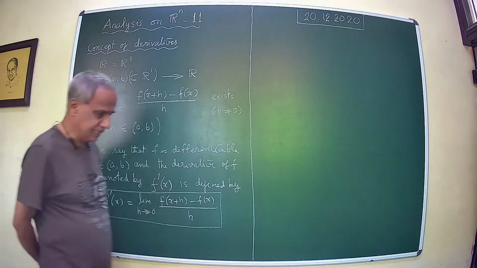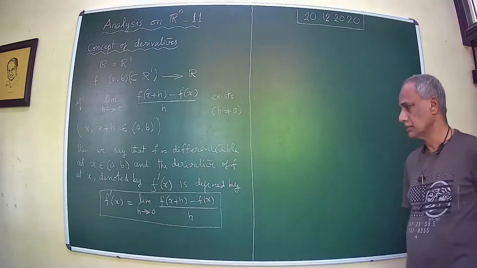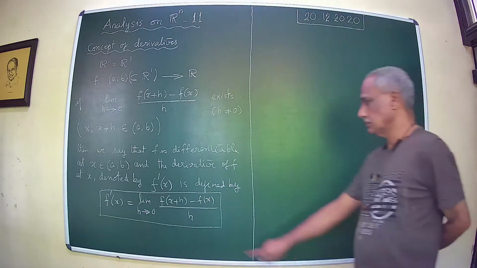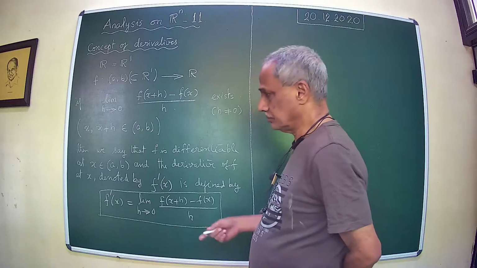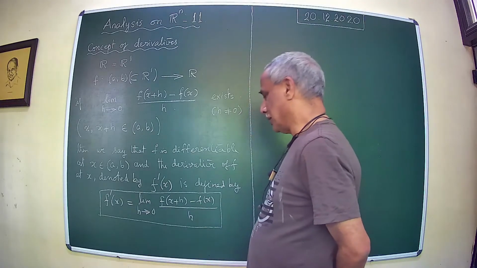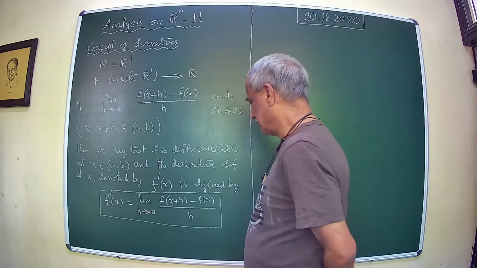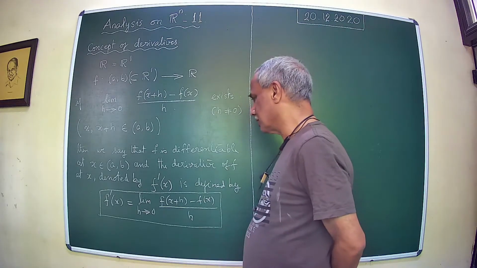There, of course, the structure of R has been heavily used, because you can add real numbers, multiply by scalars, and then divide by h, if h is not equal to 0.